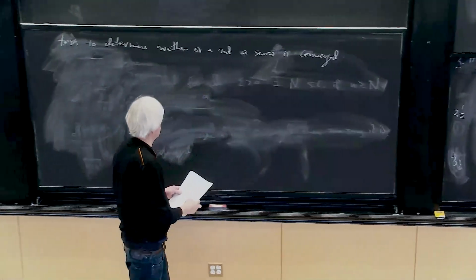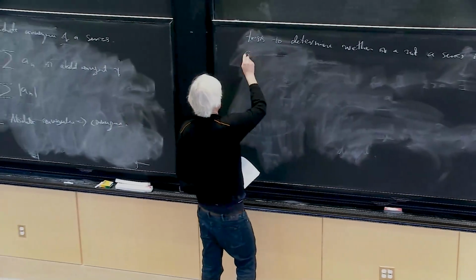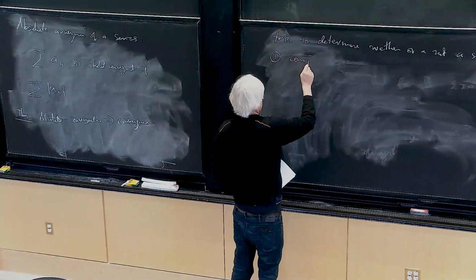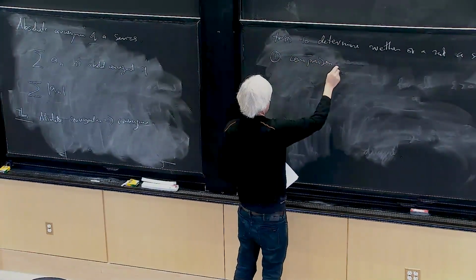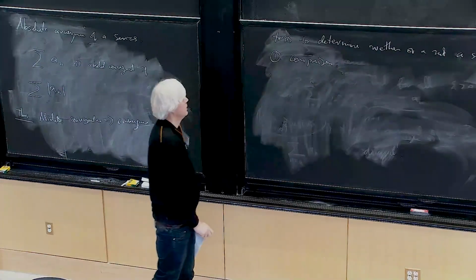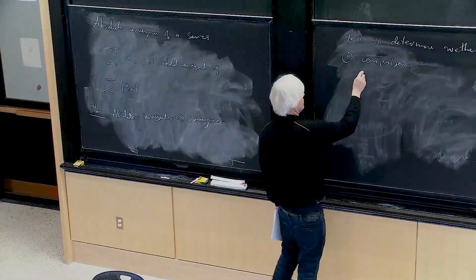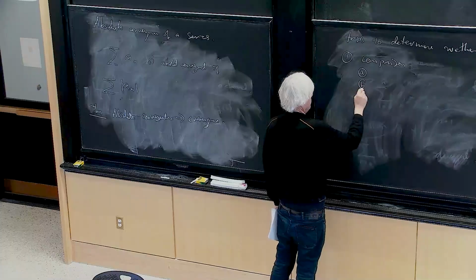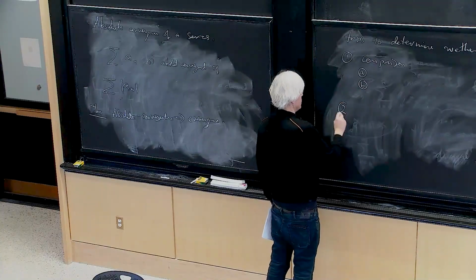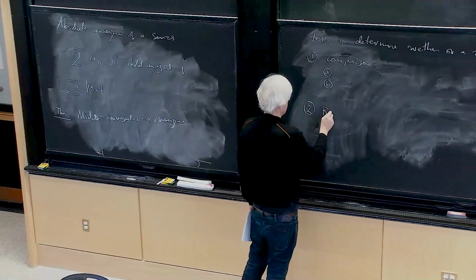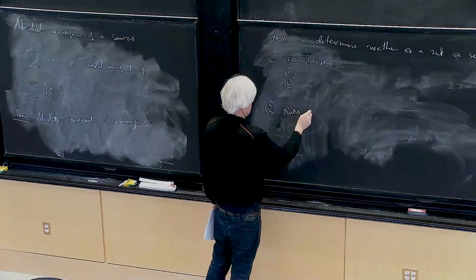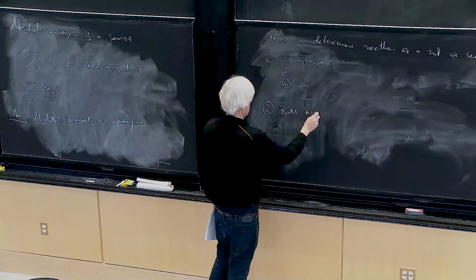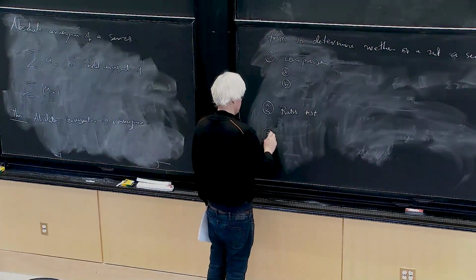Okay, so what are the tests? There are the comparison tests, and there were two versions, version A and version B. Then there was the ratio test. And then there was the root test.